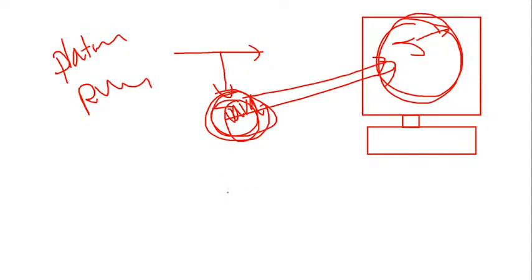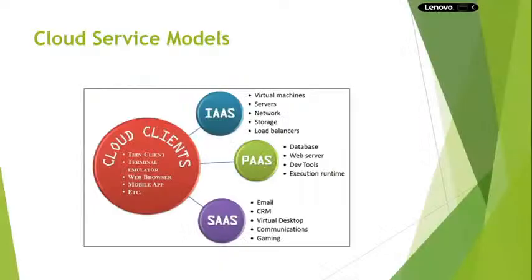Clear? Next is SaaS. In our day-to-day activities in the organization, we are already using software as a service. Could you please tell me the best example of software as a service? Anyone? Like Gmail. Very good.